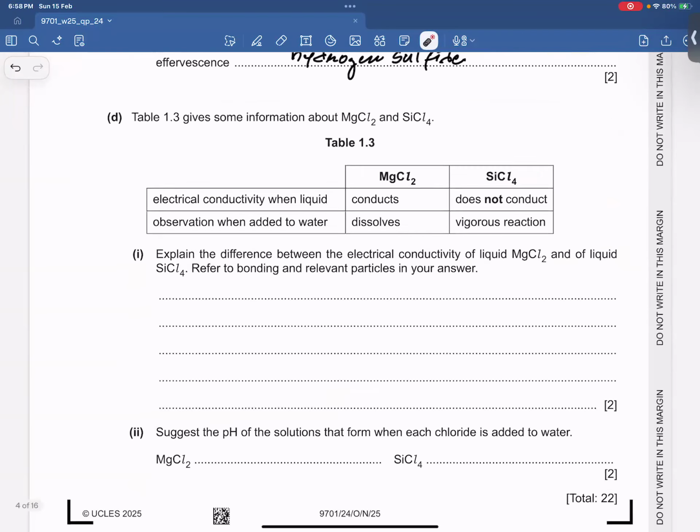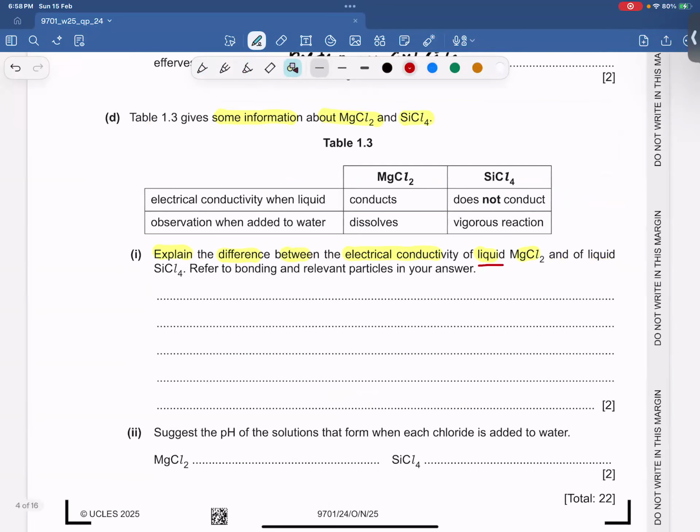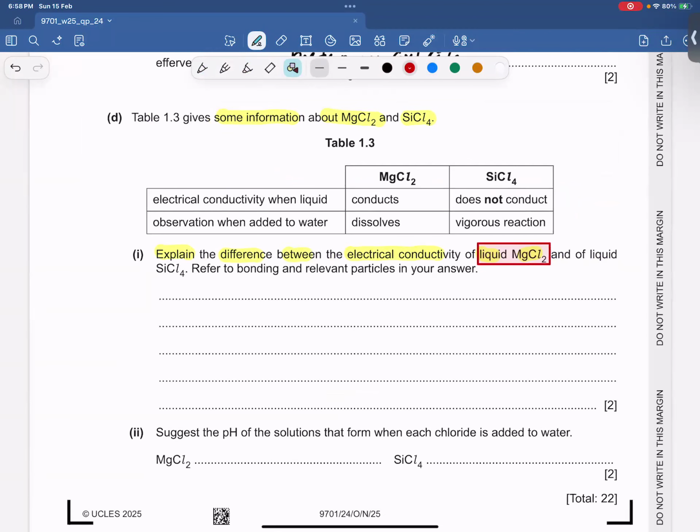Table 1.3 gives some information about magnesium chloride and SiCl4. Explain the difference between electrical conductivity of liquid MgCl2. Since it is liquid, I mean molten, so it has free mobile ions, and so it can conduct electricity without any issue. Okay. Now let me write down.